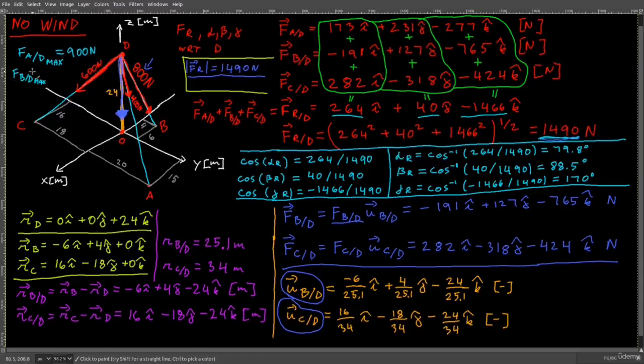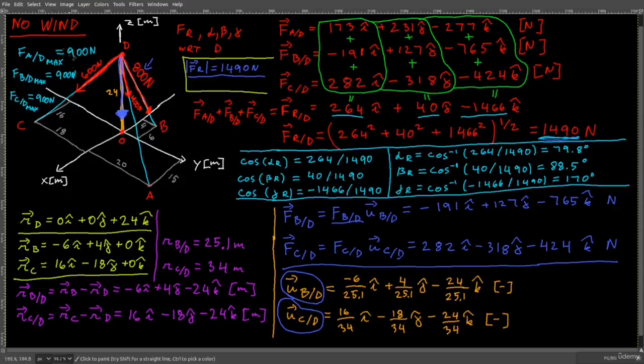Also, the maximum of force B with respect to D, that's also 900 newtons. And the maximum of force C with respect to D, that's also 900 newtons. Meaning that if the tensile force in those cables is greater than 900 newtons, then the cables will break.